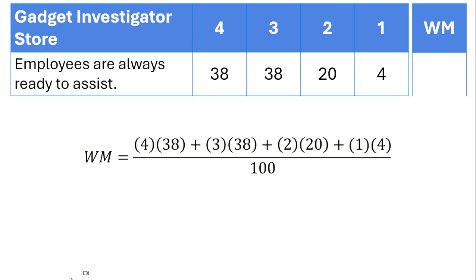If we identify the total for the numerator, we have 310. 310 divided by 100 is 3.10, or 3.1, and the interpretation is agree. So most of the customers agreed that employees are always ready to assist.